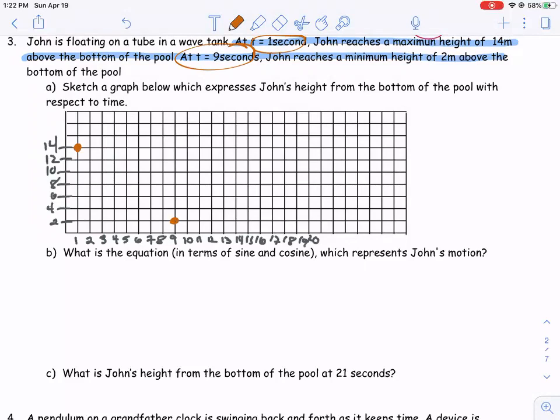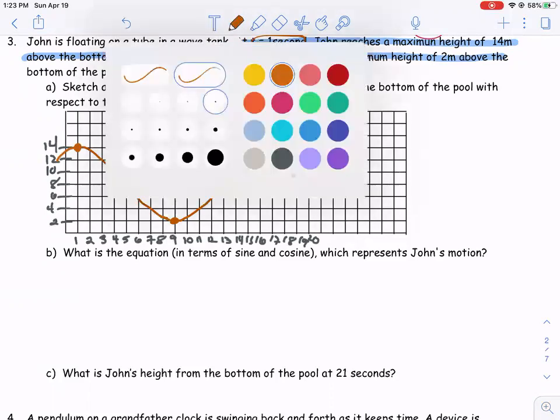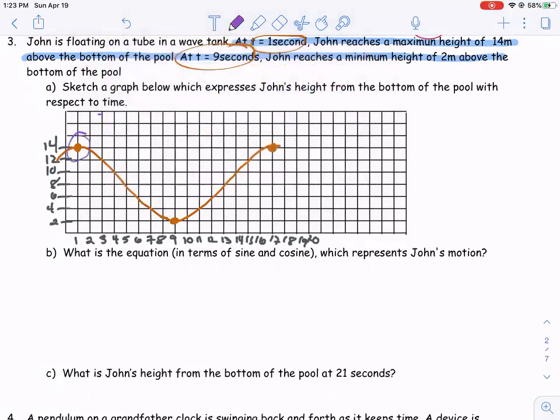Okay, so that means the next maximum is 8 seconds away, and it's at 14. Okay, so that's what one cycle of our cosine looks like. And it's cosine because we start at a maximum and we end at a maximum.